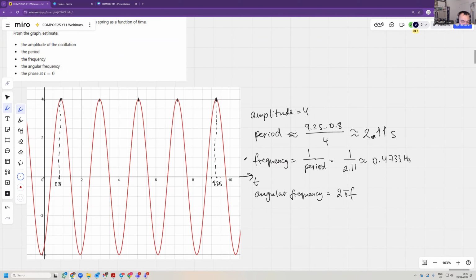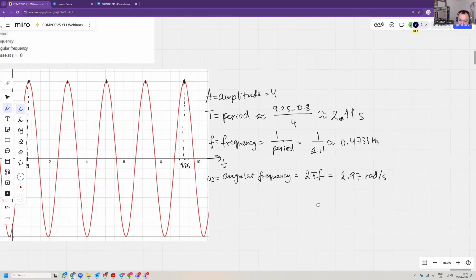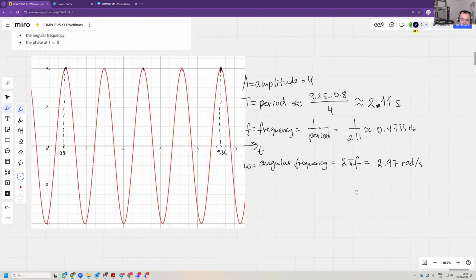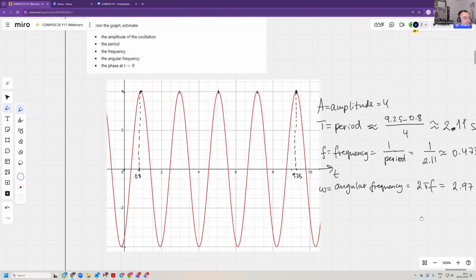So frequency is f. Angular frequency is omega. Period is T. Amplitude is A capital. Angular frequency 2 pi f. So multiplied by 2 pi gives 2.97 radians per second.